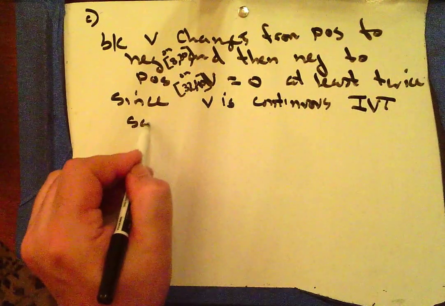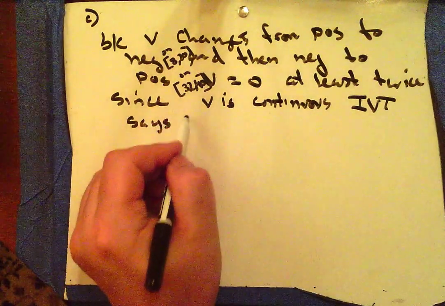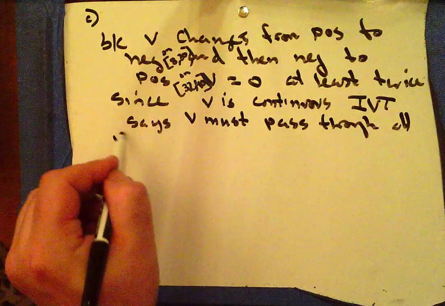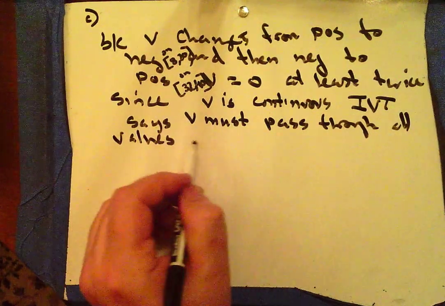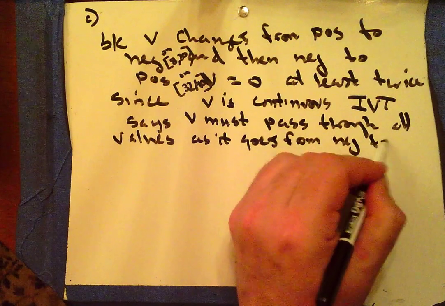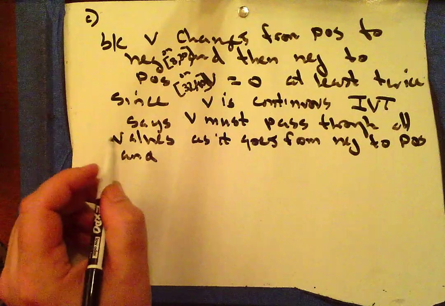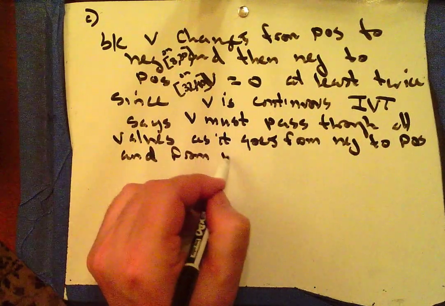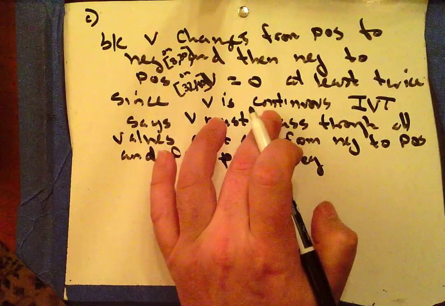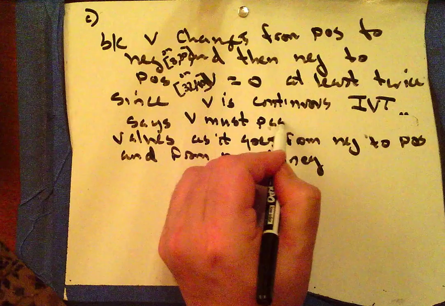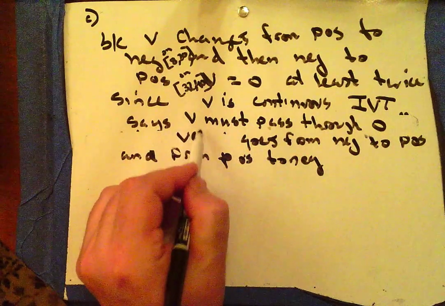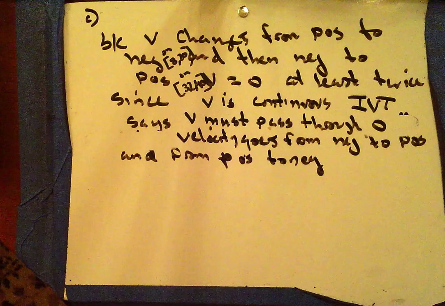So v equals 0 at least twice, since v is continuous. IVT says v must pass through all values as it goes from negative to positive and from positive to negative, so it must pass through zero as velocity goes from negative to positive or positive to negative.